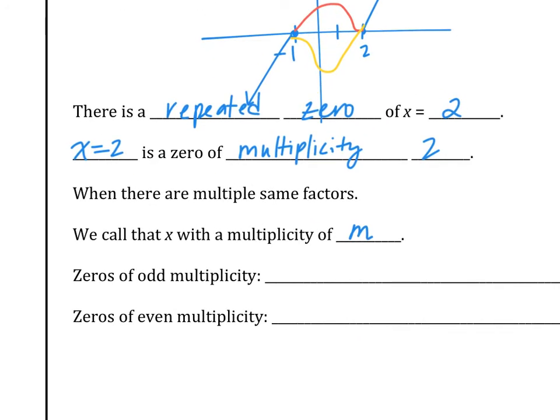So if it's going to be odd, meaning that there is only 1 or 3 or 5 or 7 of that same root, then it's going to cross the x-axis. And if it's going to be 2 or 4 or 6, basically an even number, it's going to bounce off.